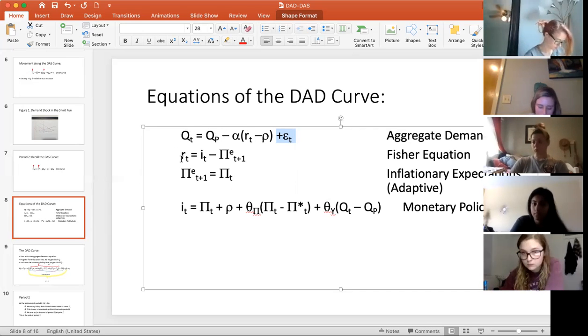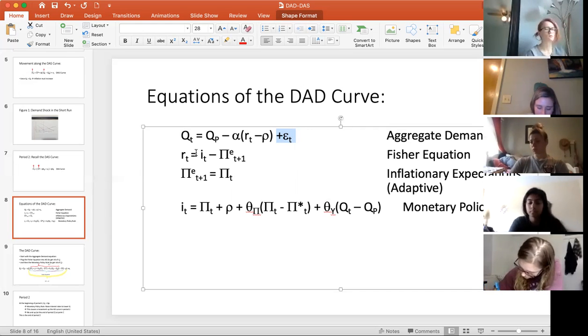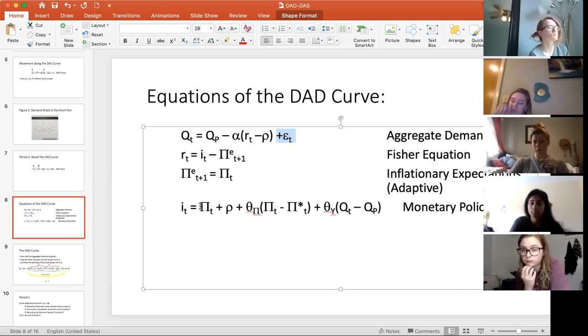Now, what would cause R to rise? Well, from the Fisher equation, we can see that R is the nominal interest rate minus inflationary expectations. And the nominal interest rate comes from the monetary policy rule here.